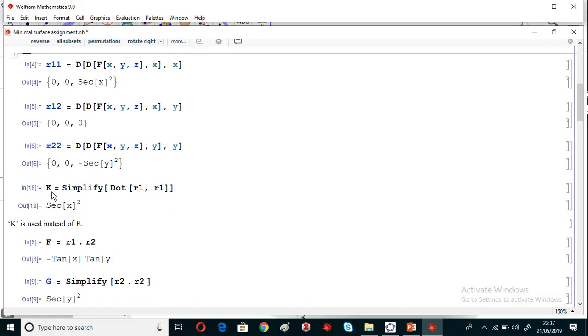Here e is not taken because in Mathematica, if we keep e here, then there is something wrong. That's why I use k instead of e. We find E also here. And then F also, r1 dot r2, that is minus 10x minus 10y.